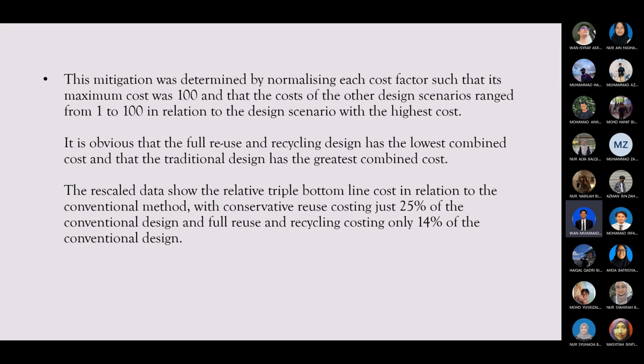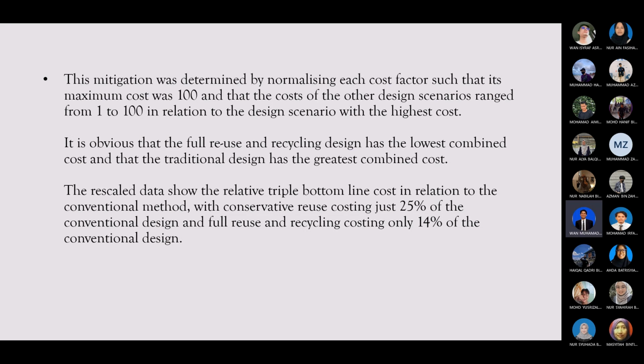This mitigation was determined by normalizing each cost factor, such that the maximum cost was 100 and the cost of the other design scenarios ranged from 1 to 100 in relation to the design scenario with the highest cost. It is obvious that the full reuse and recycling design has the lowest combined cost and that the traditional design has the greatest combined cost.